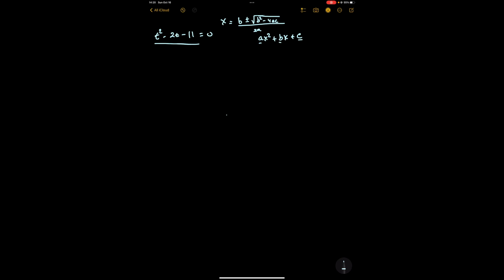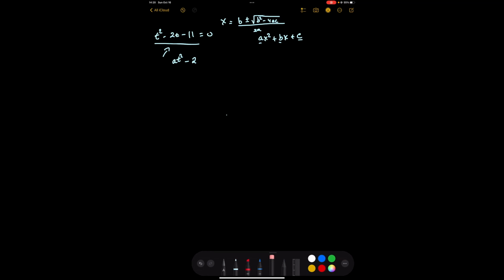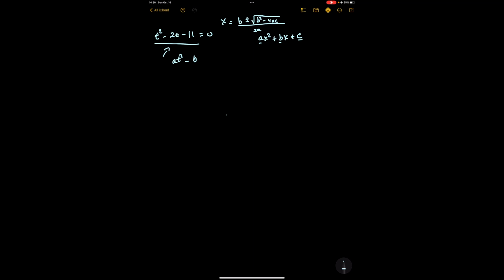So I'm going to rewrite this equation with the coefficients: a t squared minus bt minus 11, which is c, equal to 0.